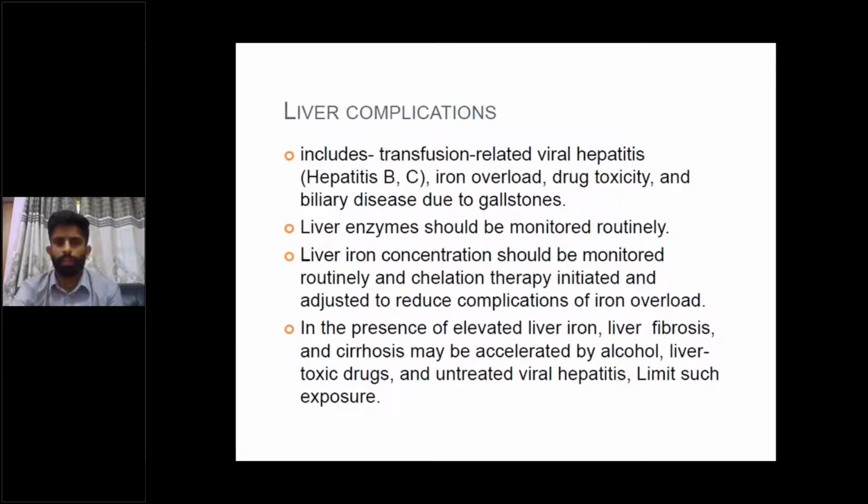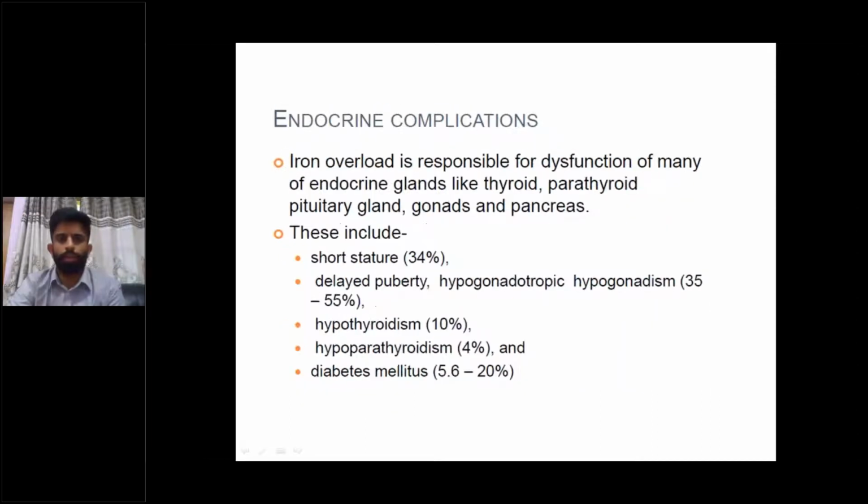There's liver complication that includes transfusion-related viral hepatitis and other liver pathologies, but it can be diagnosed using elevated liver enzymes and the liver iron concentration. Endocrine complications are because of thyroid, parathyroid, pituitary gland, gonad, and pancreas.